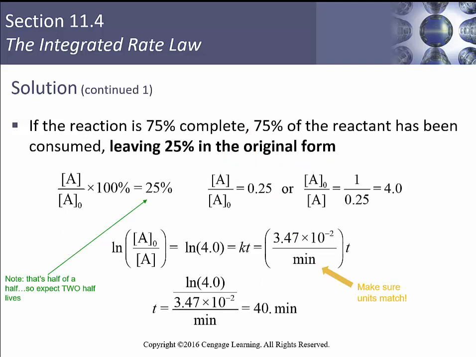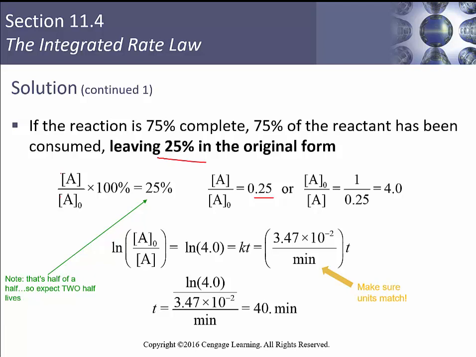Okay? So for our reaction to be 75% complete, 75% of the reactant has been consumed, leaving 25% in the original form. Right? So what's my ratio? Times 100% is 25%. So my A over A0, my target concentration over my initial concentration, is going to be 0.25. It's 25% left.